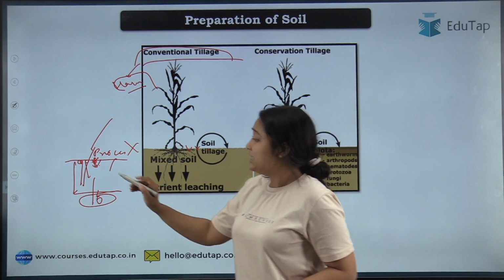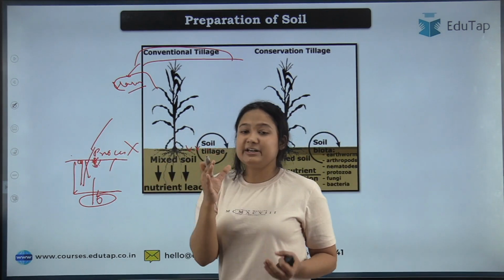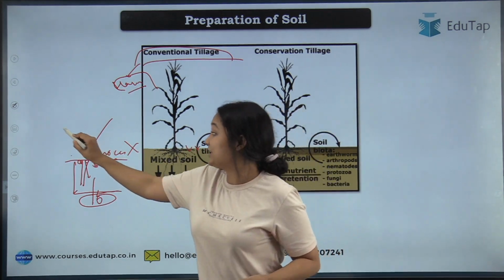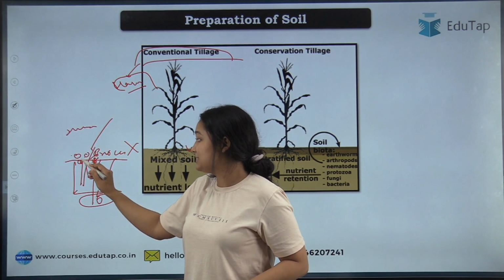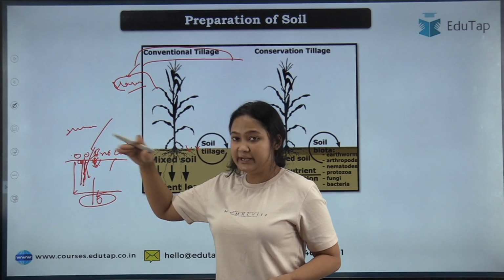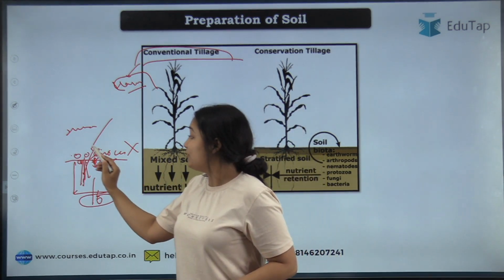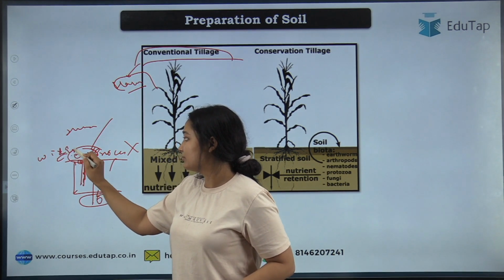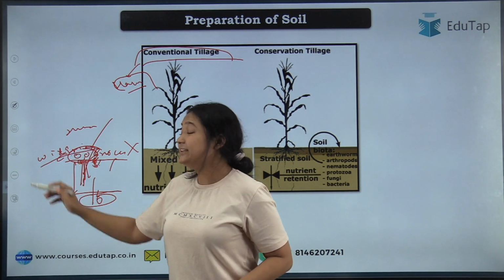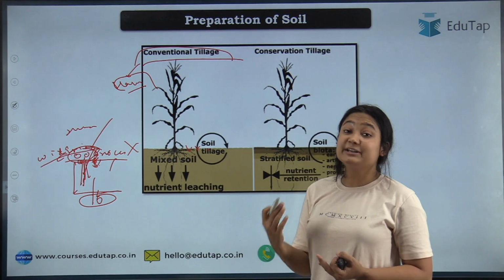Then the third is, if there are dry land conditions or summers, your soil particles have no moisture because moisture gets percolated and leached out. So now this top soil again faces wind erosion, and in the long term it affects the fertility of the soil.